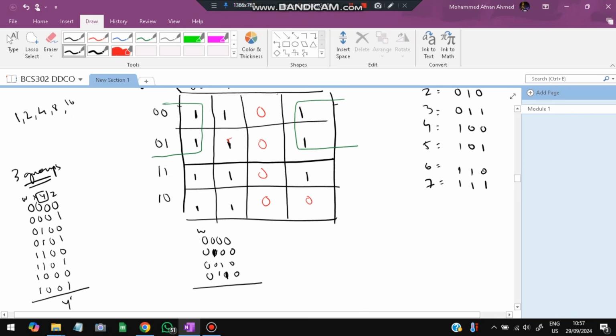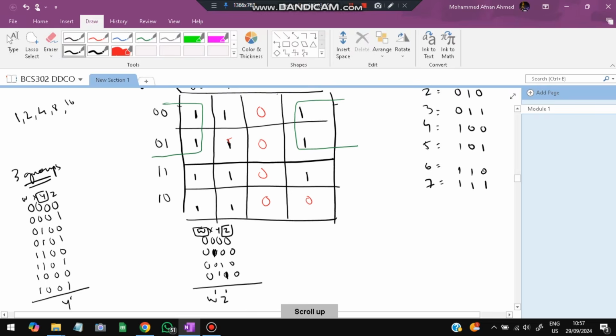For simplicity purpose, let's write wxyz. Is w getting changed? No, we have to consider this one. Is x getting changed? Yes, one is present here. Y getting changed? Yes, one is present here. Z is getting changed? No. So consider w and z. And since both have zeros here, you'll be writing w bar z bar. Okay, this is the value for the second group.